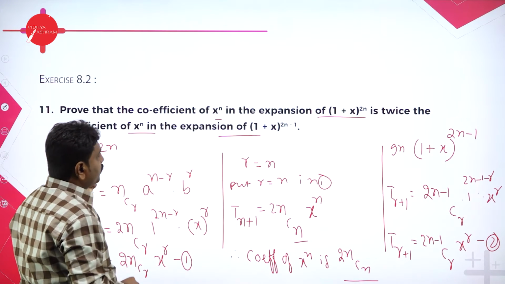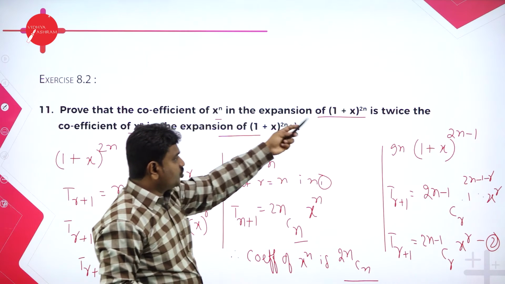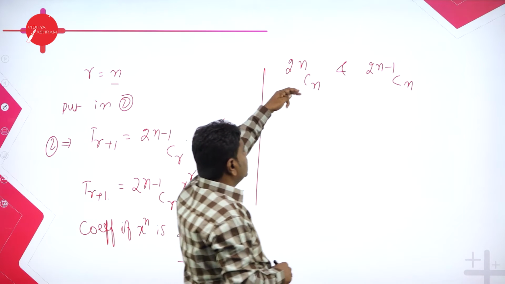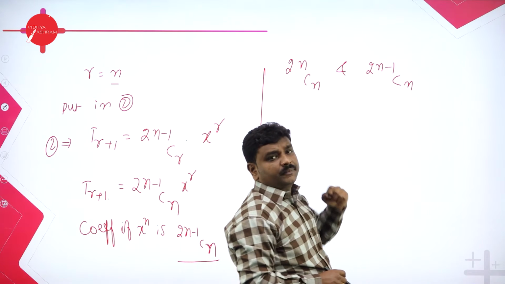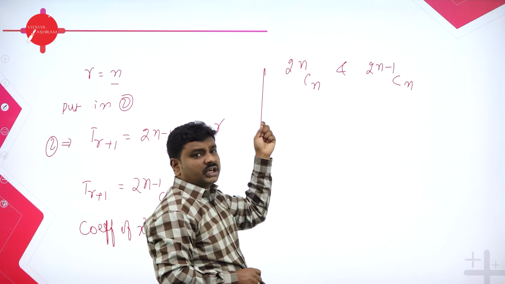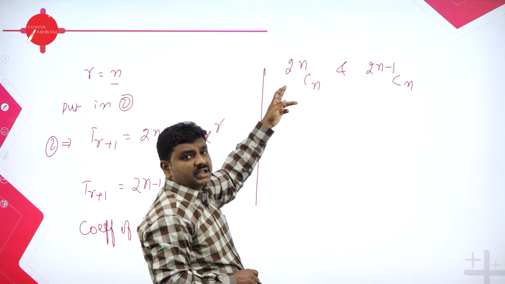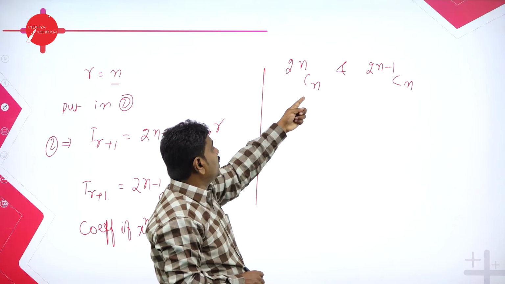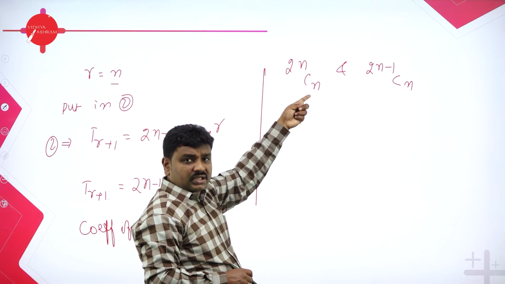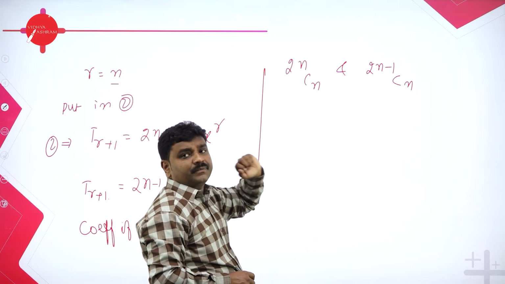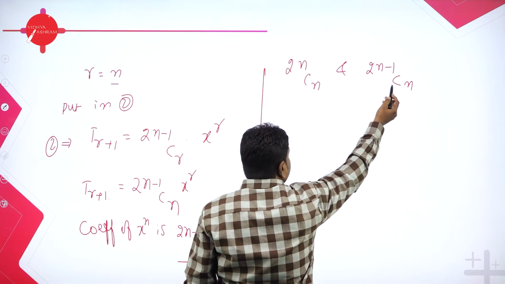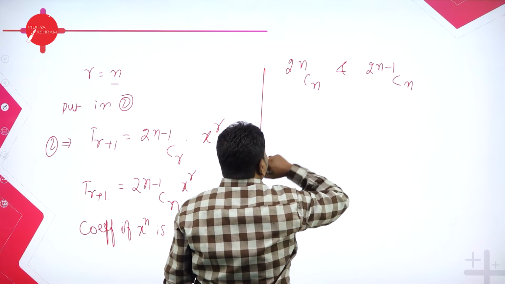I want to prove the coefficient of this is double this coefficient, means 2n Cn is equal to 2 times 2n−1 Cn. You know that nCn can also be written as nC(n−n). So 2n minus n is n, and 2n−1 minus n becomes n−1.